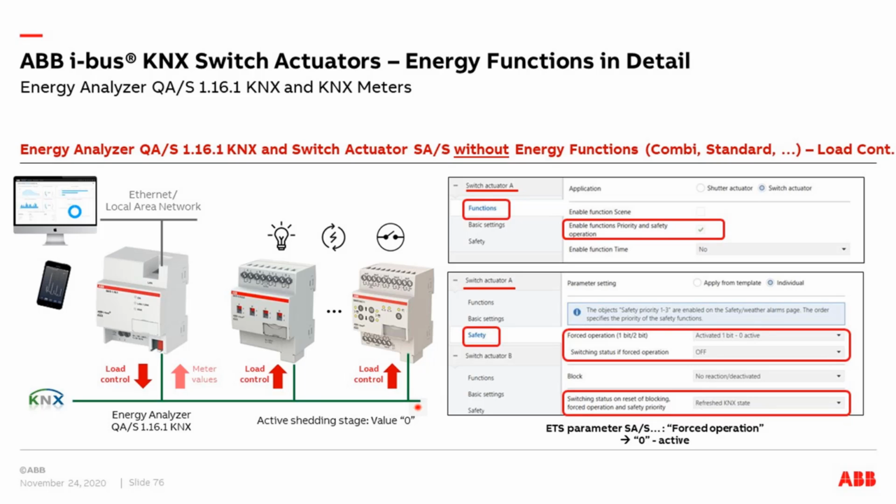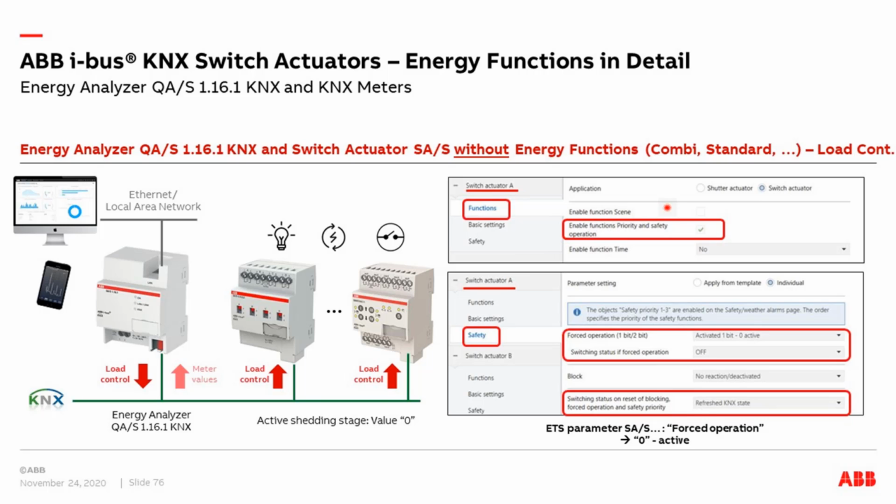Good, and how can we integrate other devices which cannot listen to this priority telegram or which have no energy functions, like our combi or standard switch actuators? We use the so-called forced operation. So we have to use here the 1-bit forced operation functions. I think nearly 99% of all KNX actuators, if these are switch actuators, dimmers, fan coil actuators, controllers, have this forced operation.